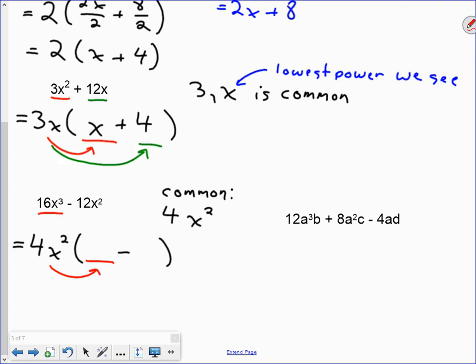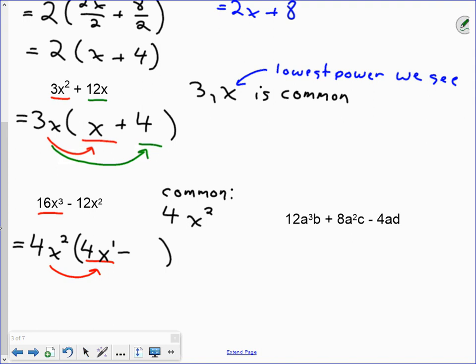We can think about this in terms of the numbers and the variables. So 4 times what gives us 16? That's got to be 4 times 4. x squared times what gives us x cubed? We've already got 2 of the x's taken care of. We just need one more x to give us the x cubed. x squared times x gives us x cubed.